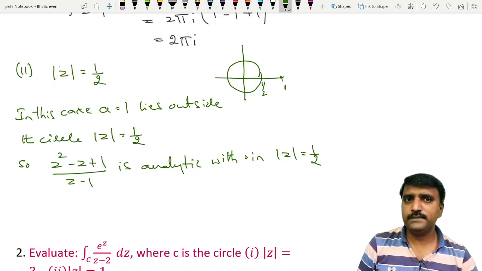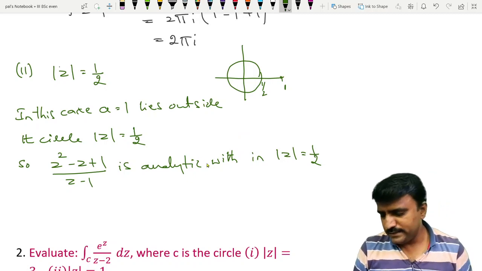What does it say? Cauchy's integral theorem. So here use Cauchy's integral theorem.